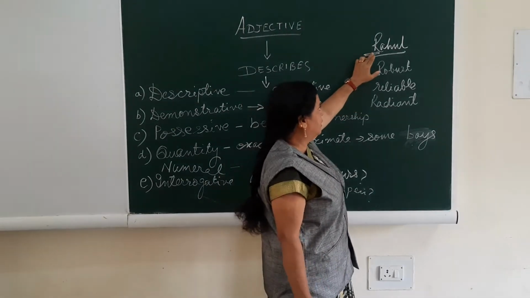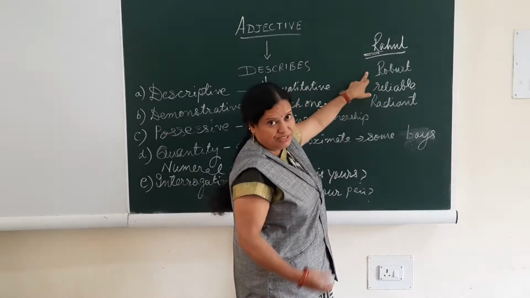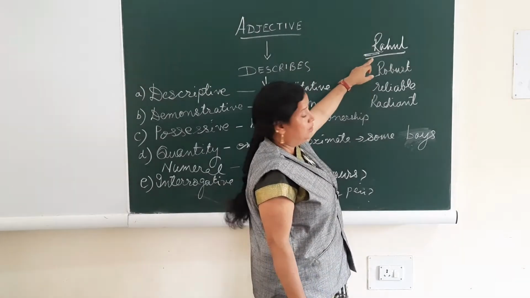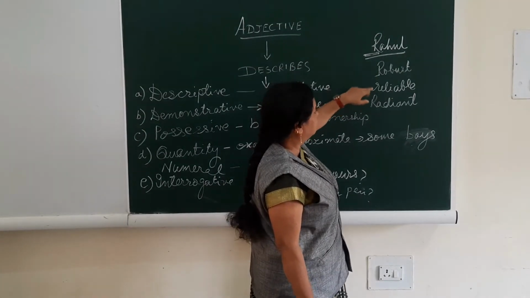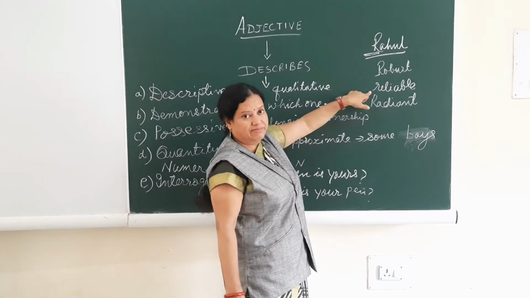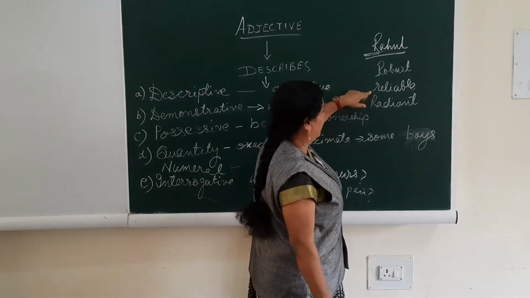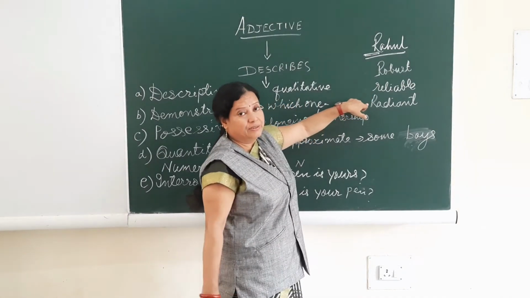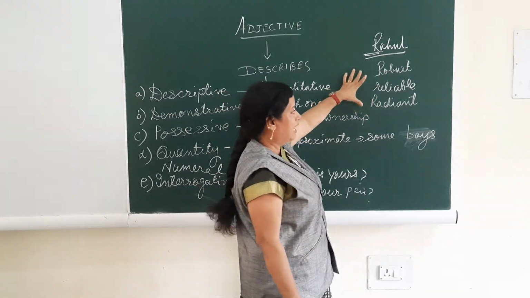Suppose Rahul is a robust boy, a very strong boy. So, robust Rahul. And second one, reliable Rahul. He may be very reliable, so he has given himself the adjective reliable Rahul. Radiant Rahul. He may be very radiant, so he has given himself the adjective radiant Rahul.